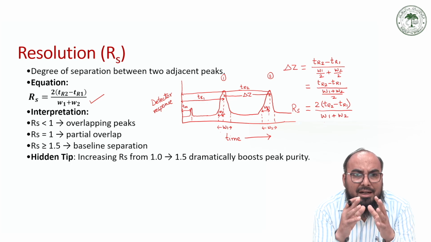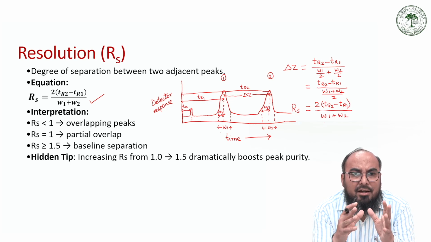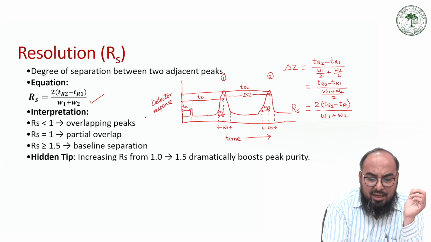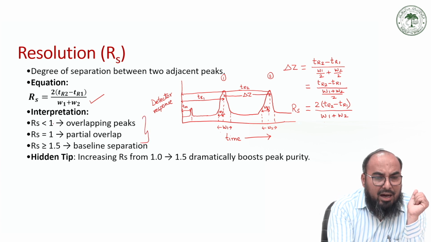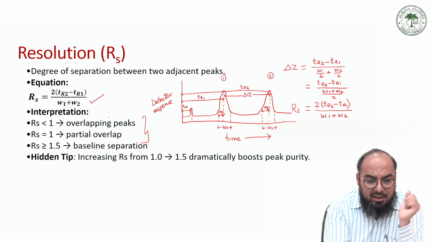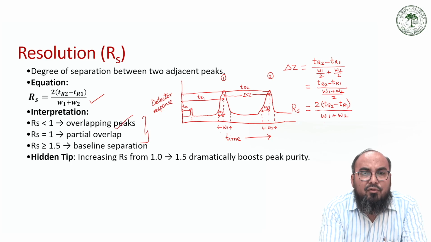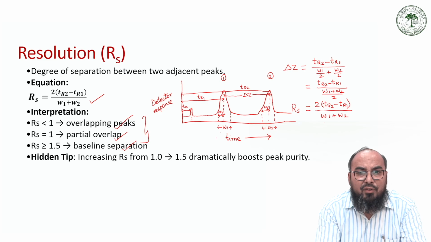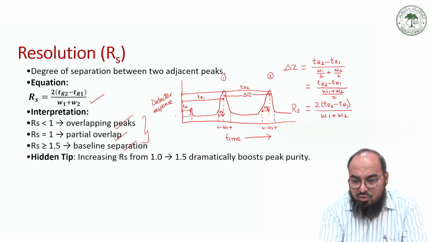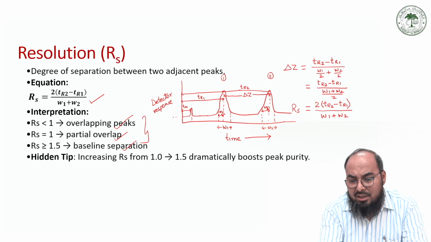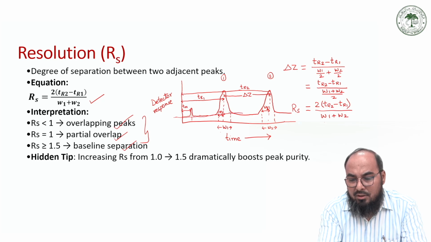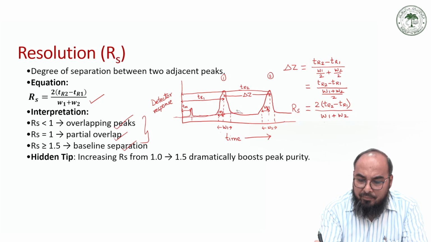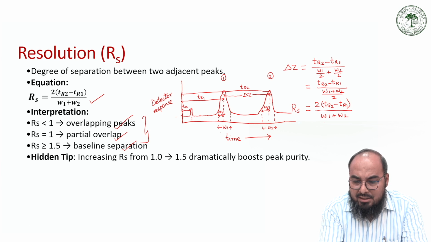Now practically how we are going to equate it with the real chromatograms, so there we have summarized it. For example, if Rs is less than 1, we have seen in the previous slide, then we get overlapping peaks. If Rs is 1, then we have partial overlap, and if Rs is greater than or equal to 1.5, we have a perfect baseline separation, because you can see that if you draw this, you can consider this as a baseline.